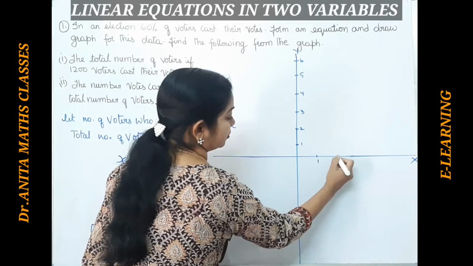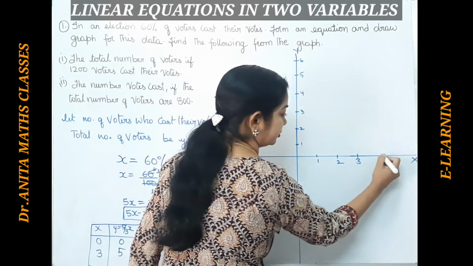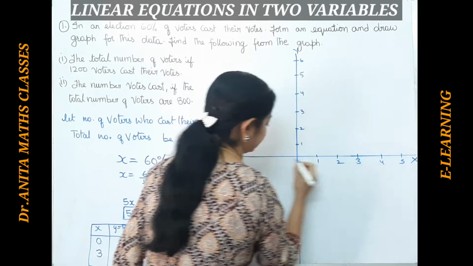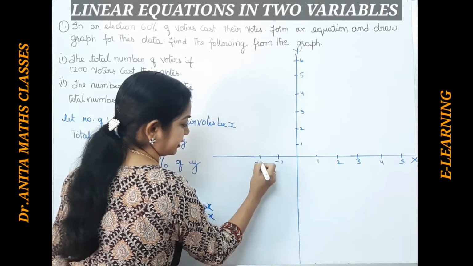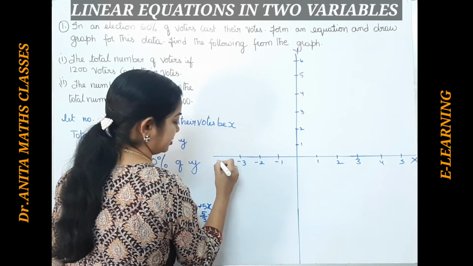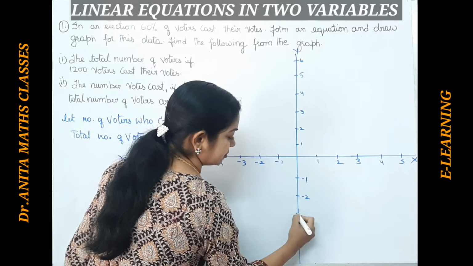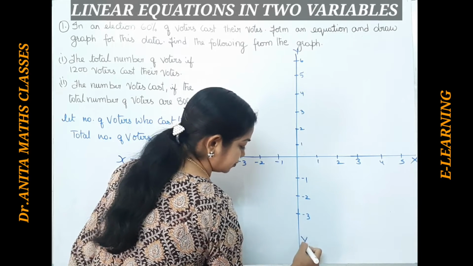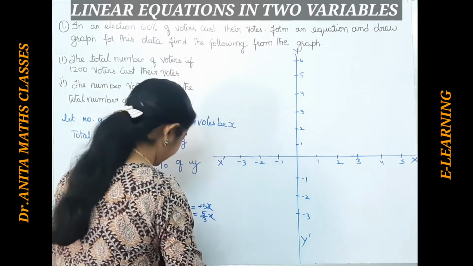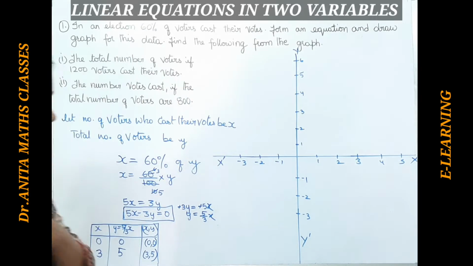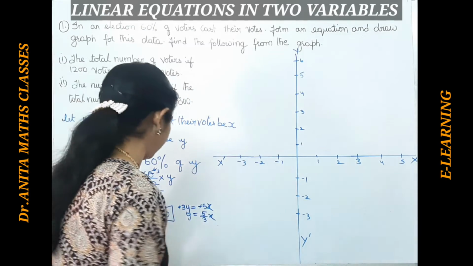Here also 1, 2, 3, 4 and 5. So negative x-axis minus 1, minus 2, minus 3, x dash. Similar way, minus 1, minus 2, minus 3. So this is y dash. Now we didn't take negative here, so let us not write it. Here the scale we will write it.